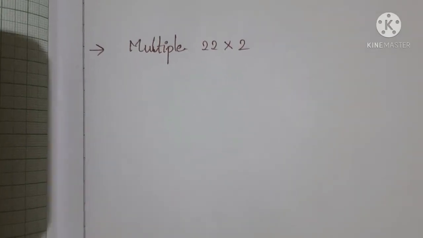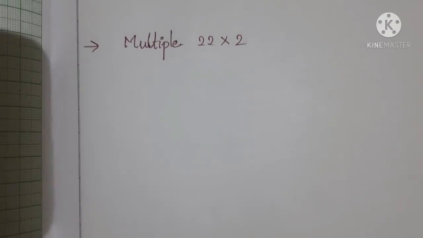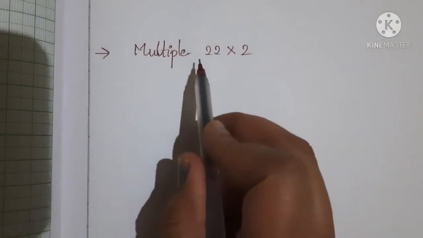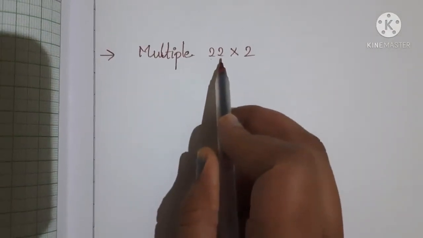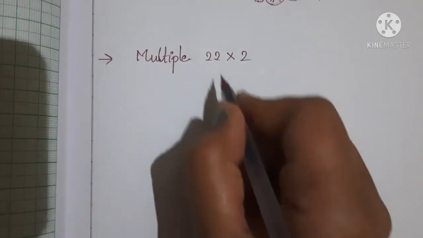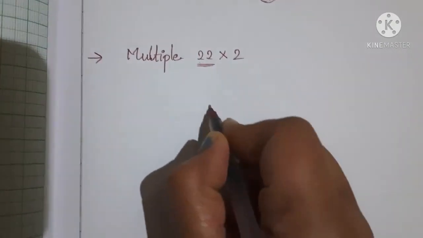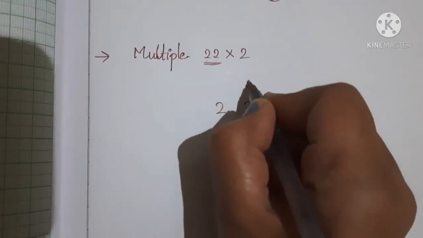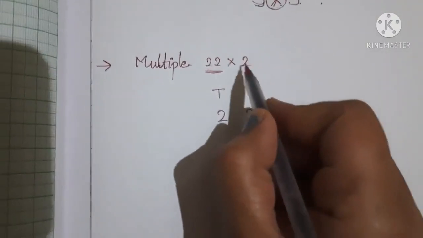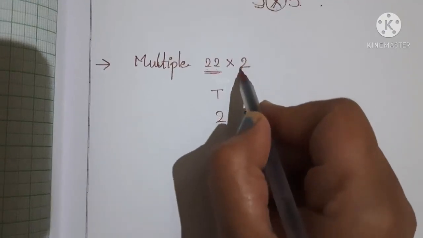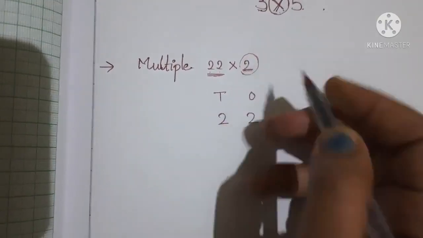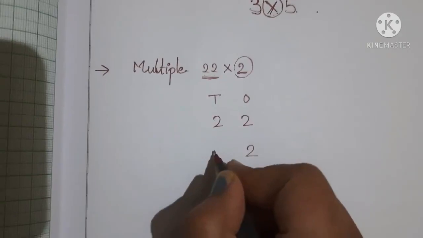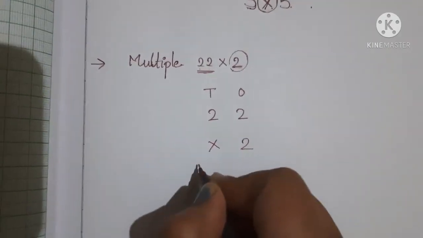Children, now let us do some multiplications. Here they are asking to multiply 22 by 2. How are we going to write it? First we are going to write this number, 22. These are in ones and tens place. And we are going to multiply with which number? With 2. Yes, now this is the sign of multiplication.